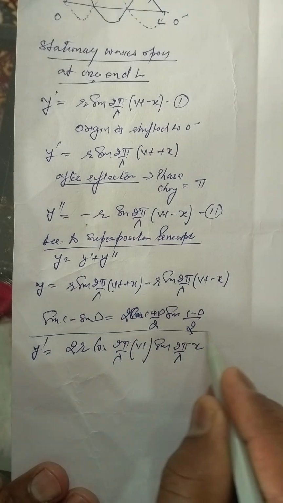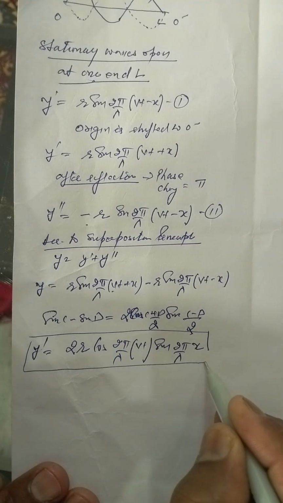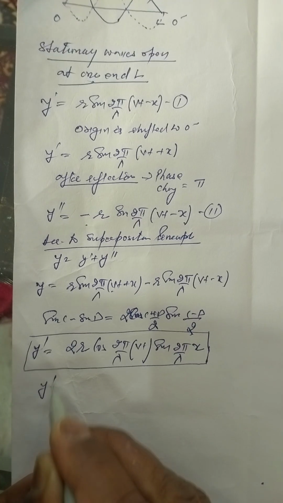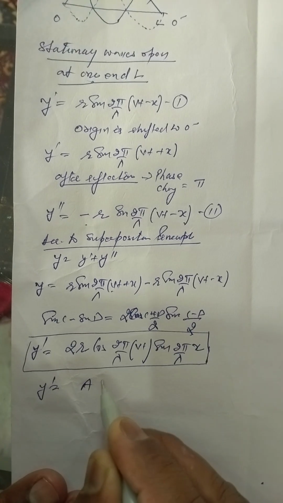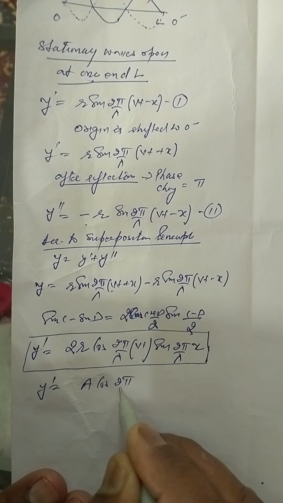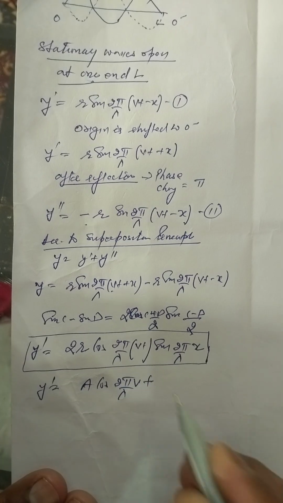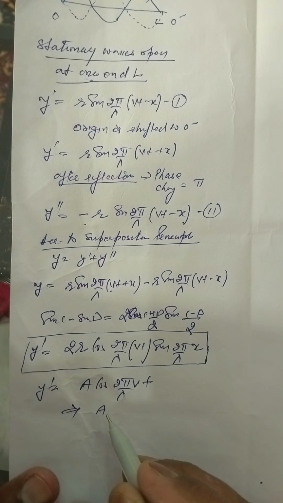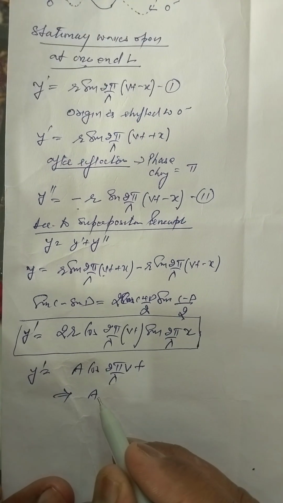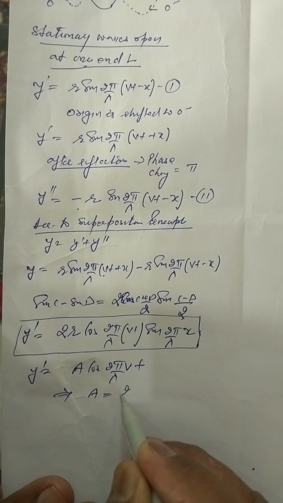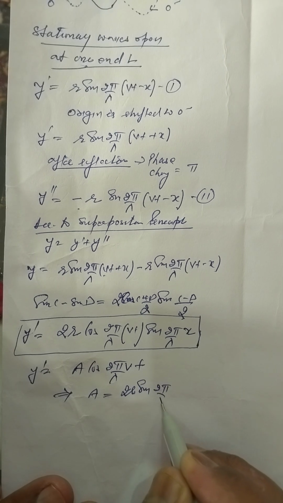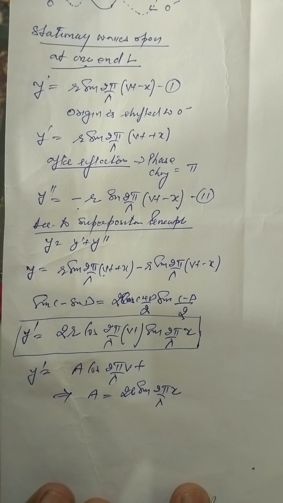This is the final equation, and the amplitude is y' = A cos(2πvt/λ). What is A? A is the amplitude of the final wave after the superposition of the two waves. A = 2r sin(2πx/λ).